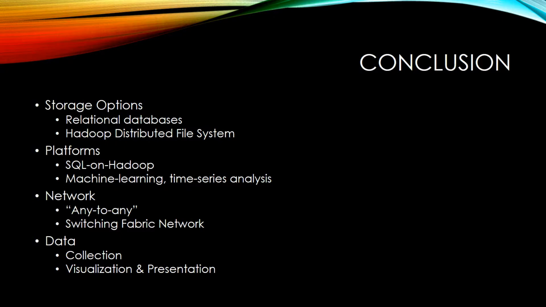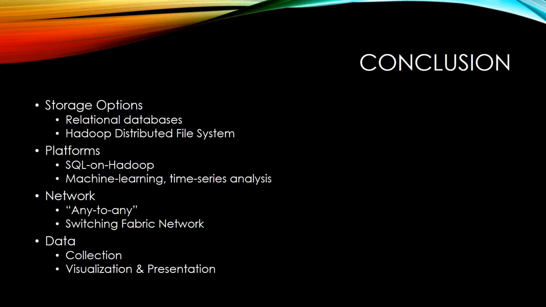With big data becoming one of the more popular avenues for organizations to try to get a leg up on their competition nowadays, it's important for those organizations to consider the architecture that they're performing all of this data analysis on. They need to consider the storage options, whether they want to use a relational database or something like a Hadoop distributed file system.